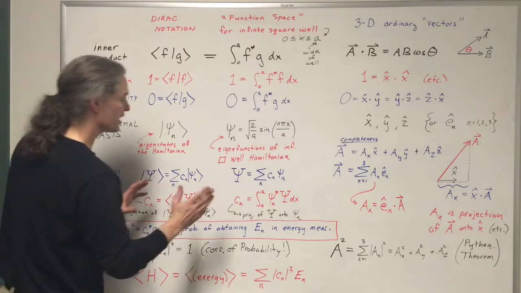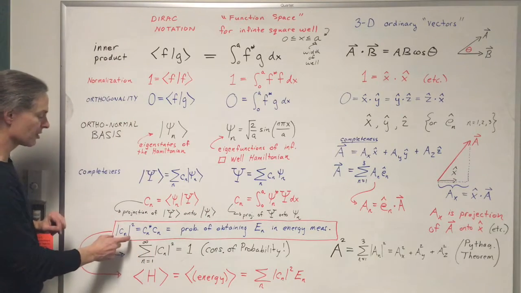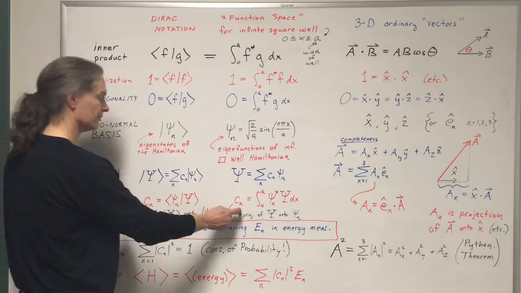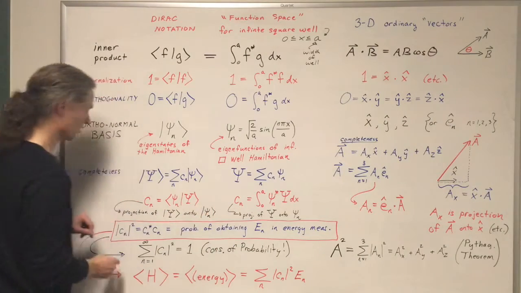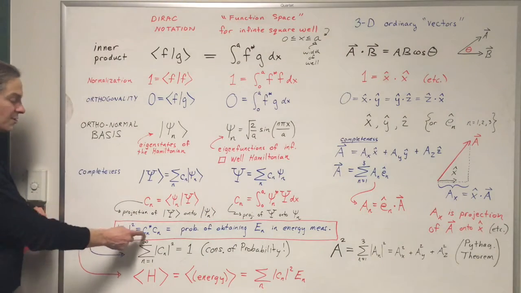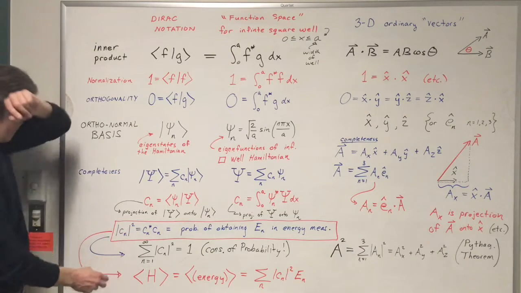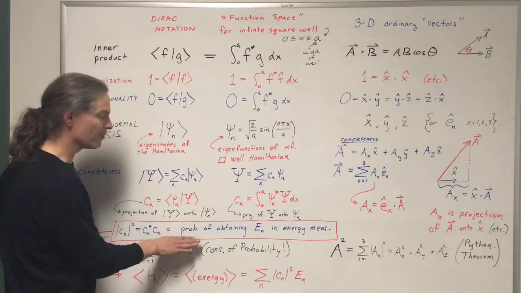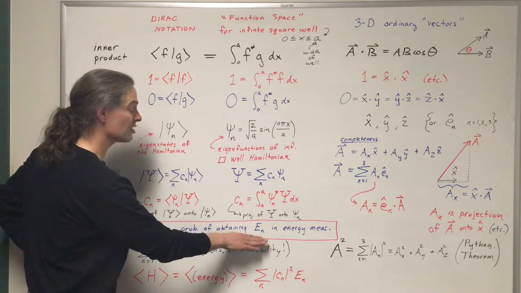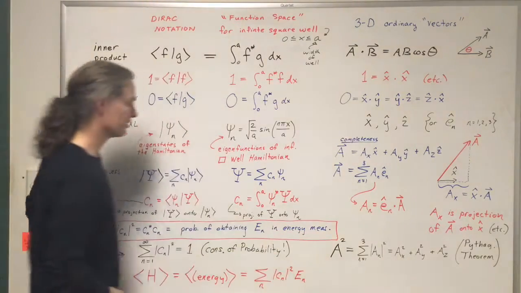All right, so to get those probabilities, you take the complex square of these coefficients. The complex square is the complex conjugate of C sub n multiplied by C sub n. That gives you the probability of obtaining the corresponding E sub n if you were to measure the energy.